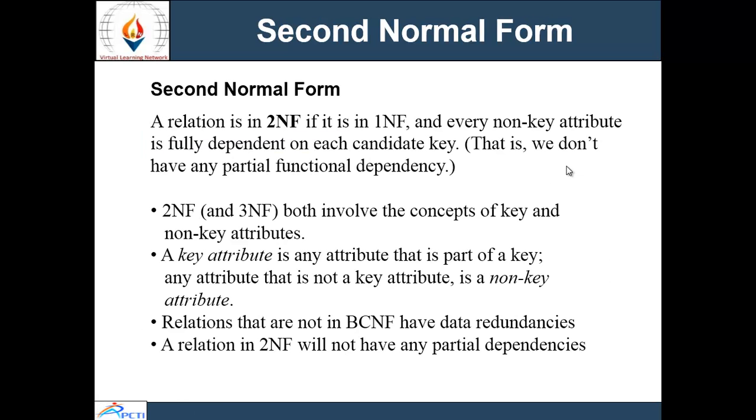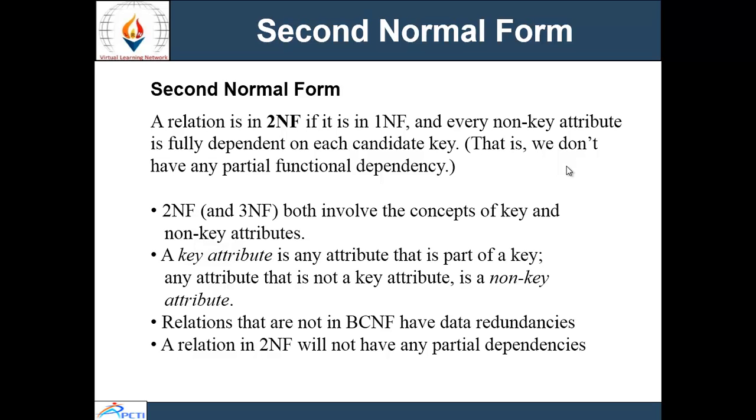Next is second normal form. As per the second normal form, there must not be any partial dependency of any column on the primary key. It means in case of second normal form, we mainly deal with partial dependency.